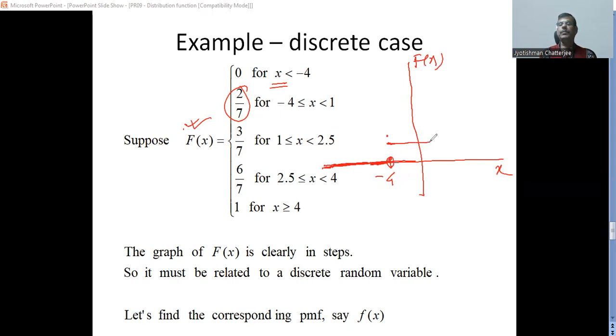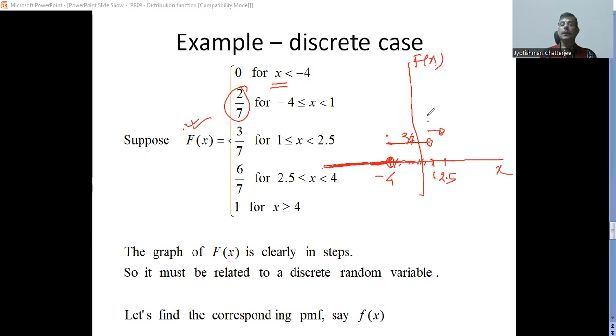Now, from -4 up to before 1, here is 1, the graph goes along in this range. Then starting from 1 up to 2.5, here is 2.5, the graph goes like this. What's the height here?